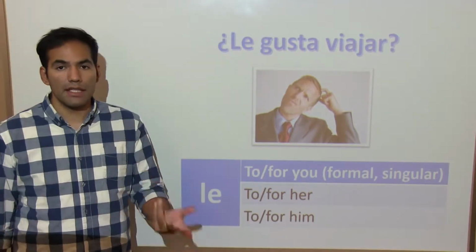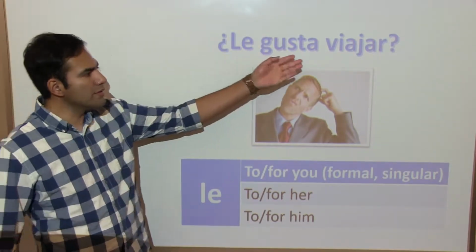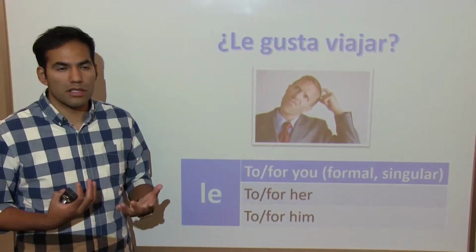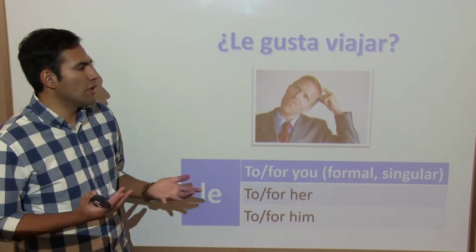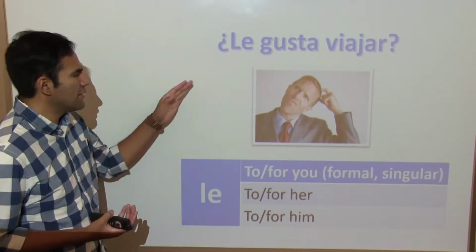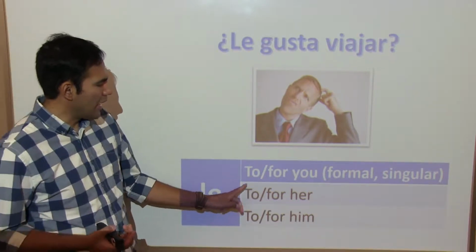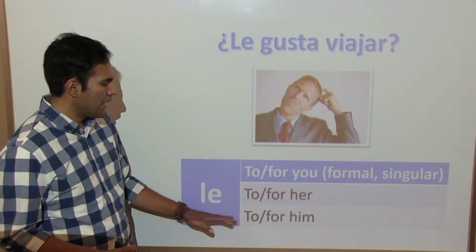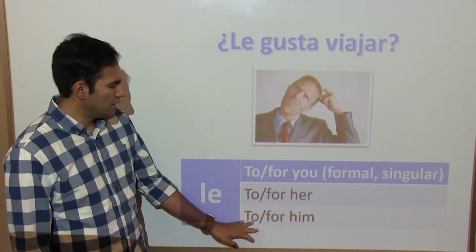And the way we're going to fix that, and here is kind of like a description. If you hear someone say, le gusta viajar, as a Spanish speaker or as a Spanish learner, you might be wondering who is he referring to? Is he referring to to you or for you formal, or to her or for her, to him or for him?